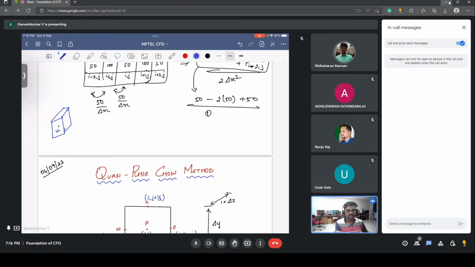You need to find u, v and pressure, which don't depend on temperature. You need not calculate temperature at all. In case you want to calculate it, temperature is dependent on U and V, not P, because there is a convection term here. But U and V are not dependent on temperature.